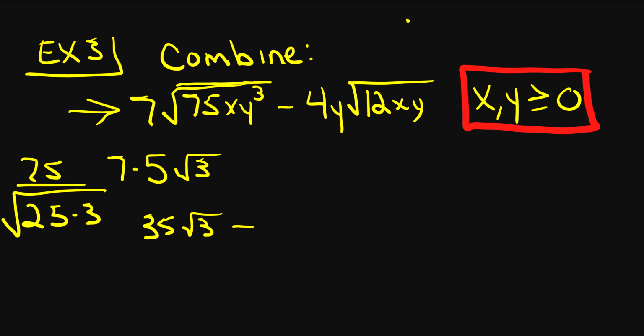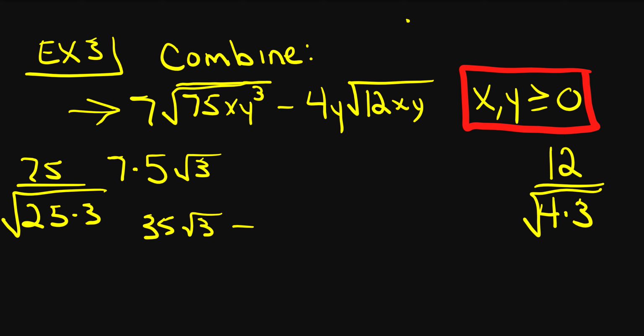And then I'm going to subtract that from the simplified version of 4y times square root of 12xy. So let's just bring the 12 over here. We're going to go back to the variable, so hold on with me. All right, so now I'm going to bring the 12 here and do the square root of 12. Well, I know that's 4 times 3, and I want to use the 3 because of this 3.